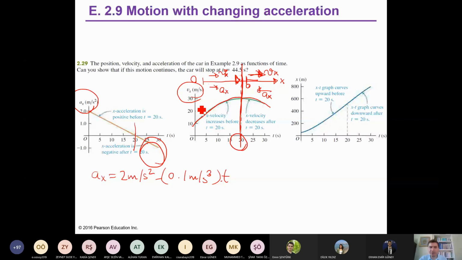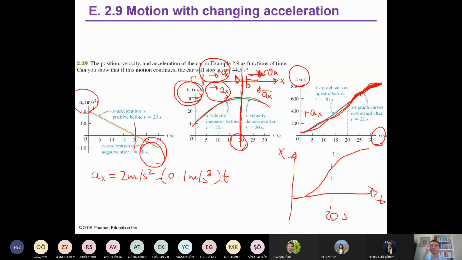So her position increases as a function of time, okay? But what do you see here? When the acceleration and velocity are in the same direction, it has an upward curve, and the curve in the xt graph gives us the positive acceleration. After 20 seconds, the xt graph has more or less a negative curve, let's say like this.